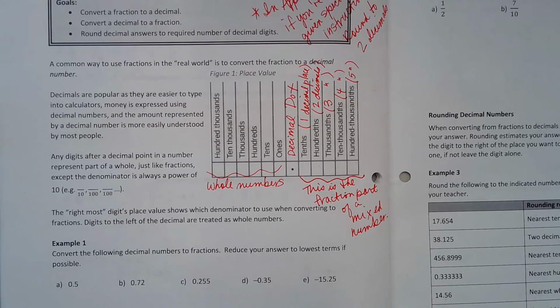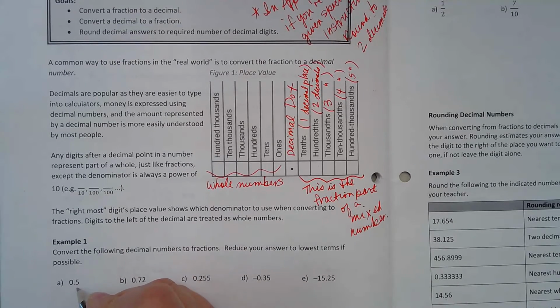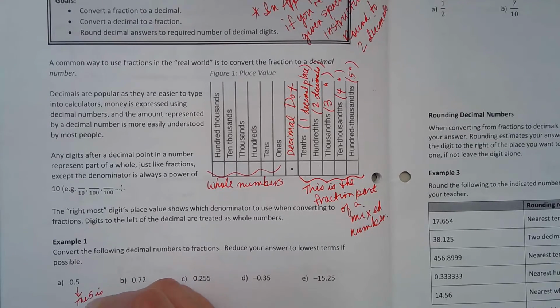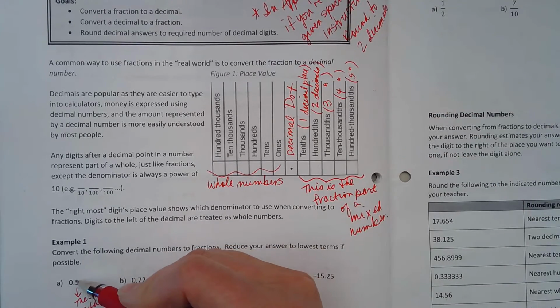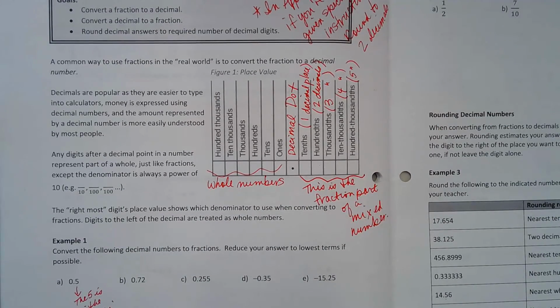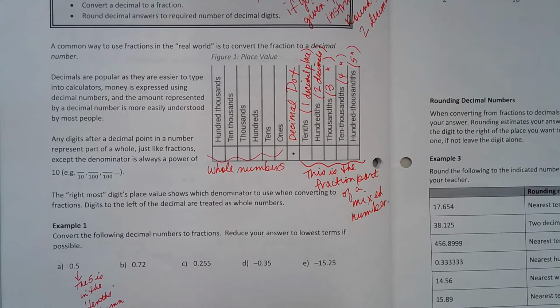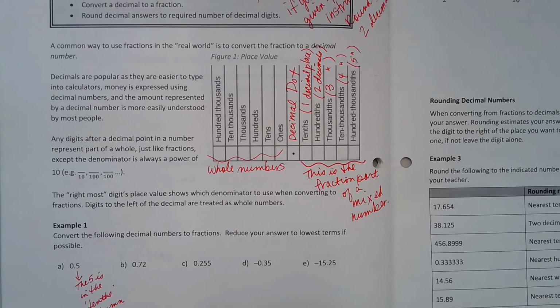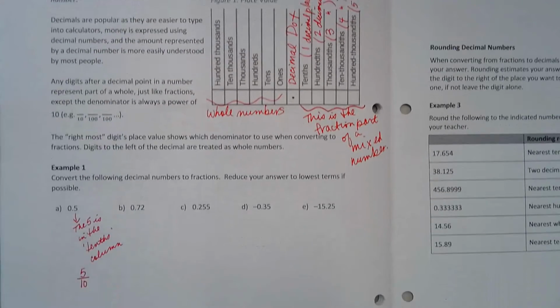It is kind of easy in one way, because this is in the tenths column, agreed? The 5 is in the tenths column. Right? It's in the first column after the dot, so it's the tenths column. So 0.5 could also be expressed as the fraction 5 out of 10.